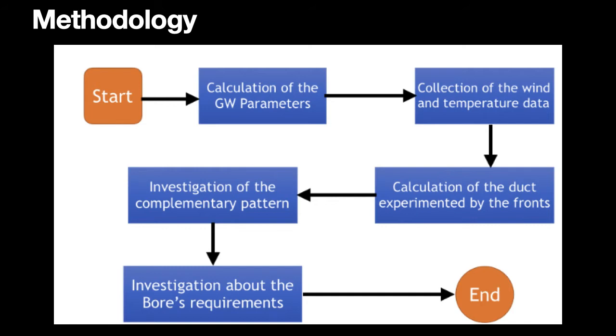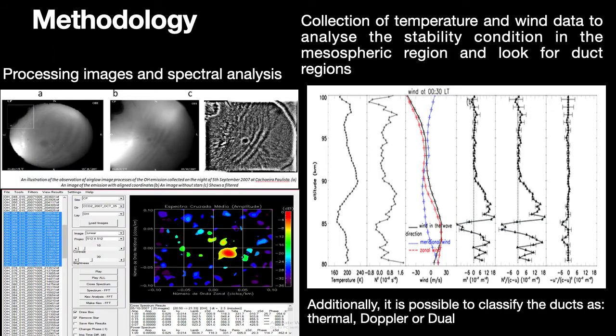After that, we collect wind and temperature data in order to investigate the likely ducts where the fronts are propagating, using the complementary pattern to decide which kind of front we are observing, and another bore requirement to decide if the front is a bore or not. Here you have an example of the methodology.